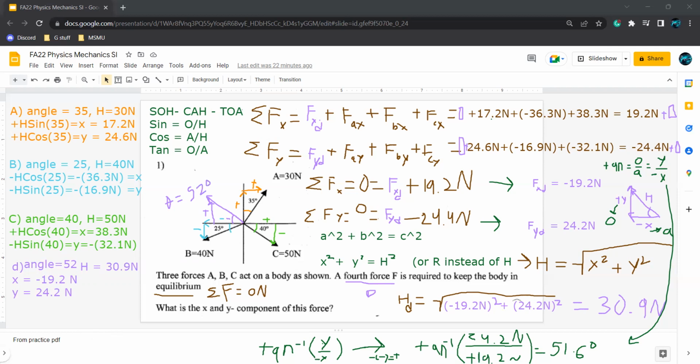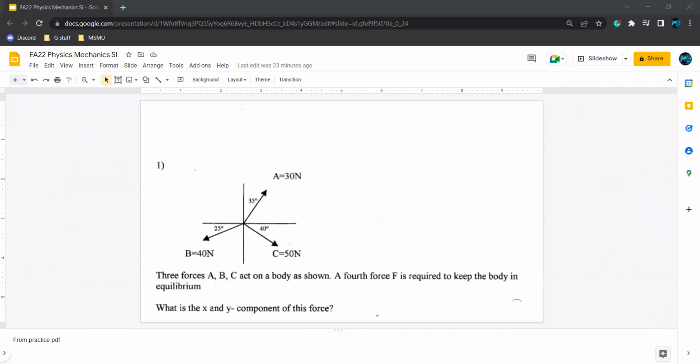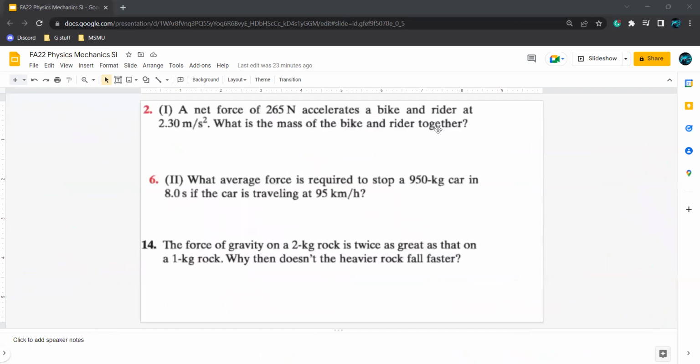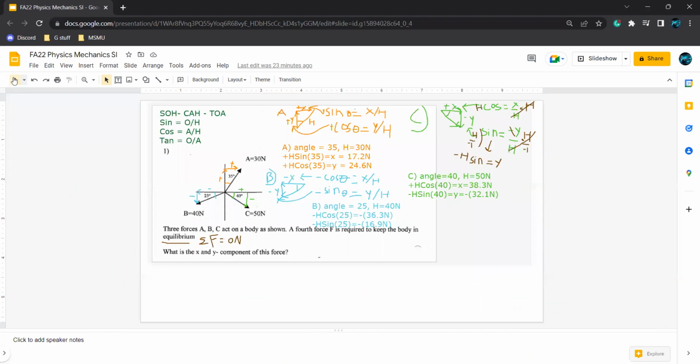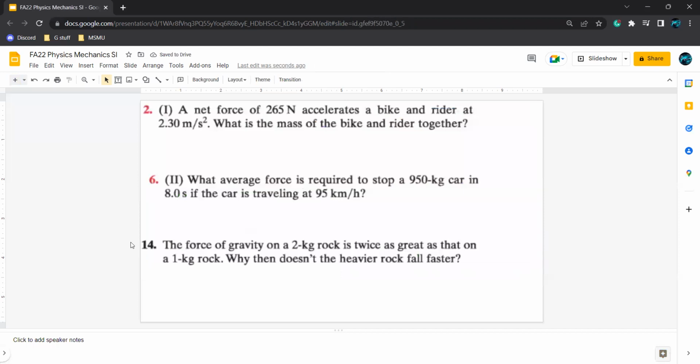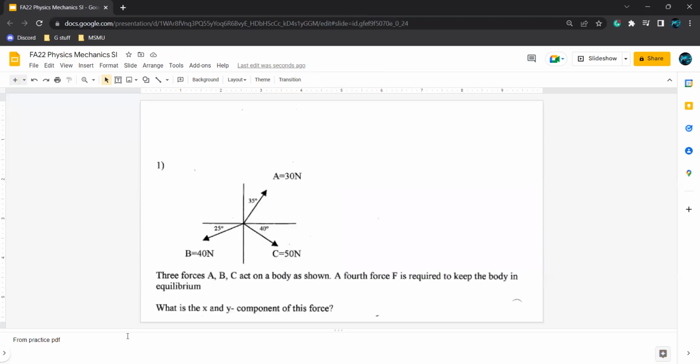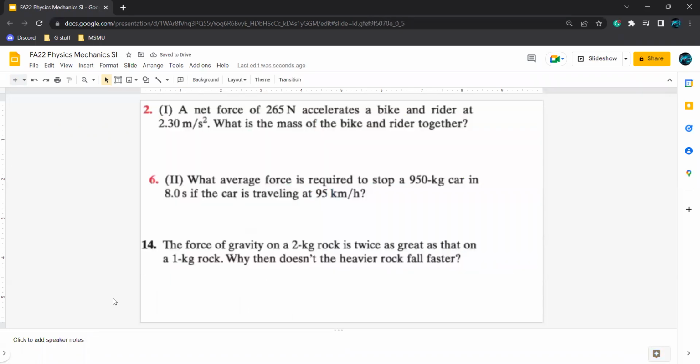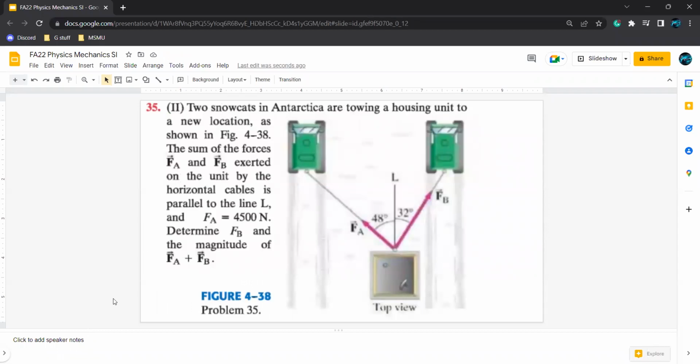I'm gonna clear them. These are 3 problems. I'm not sure if we have time for all of them. I'm not sure if we have time for this one either, because we have like 10 minutes left.